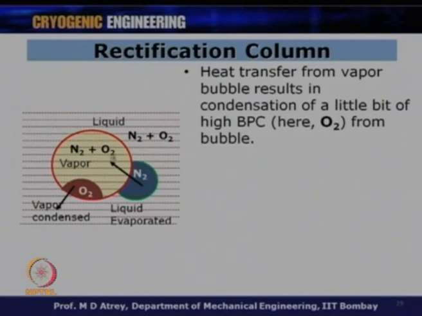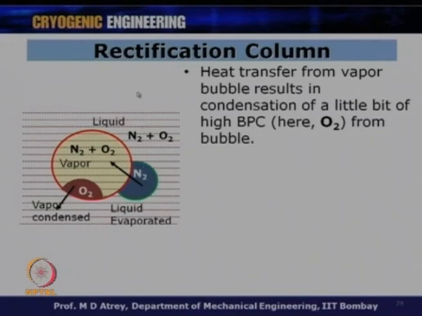At the same time, whatever amount of heat transfer happens between the vapor and the liquid, the low boiling component in the liquid, which is nitrogen, is going to get evaporated. So, some part of the liquid which is rich in the low boiling component will evaporate, while the high boiling component of the vapor will condense. So, the vapor which leaves this plate is the nitrogen in the existing vapor plus whatever nitrogen got evaporated from the liquid.